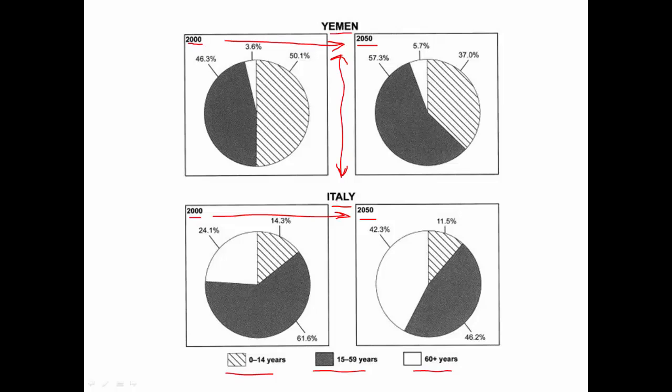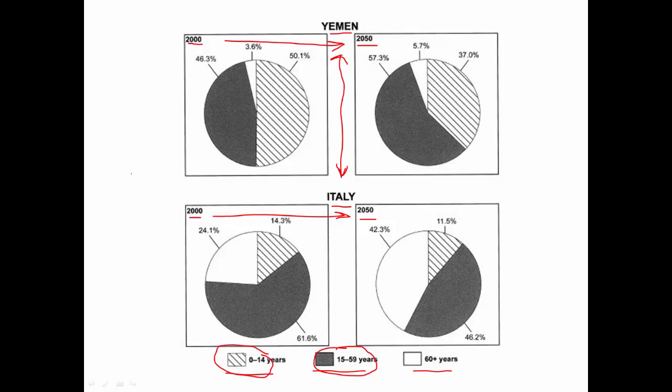If we look at Yemen and Italy, we can notice that in Yemen there is a higher proportion of younger people, so 0 to 14 and 15 to 59, in both 2000 and 2050 than in Italy.